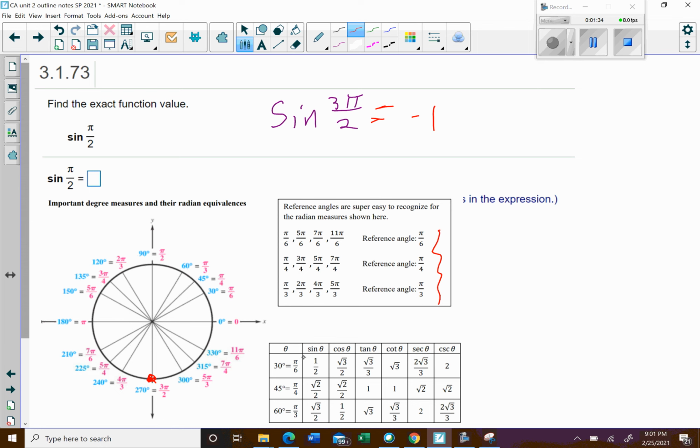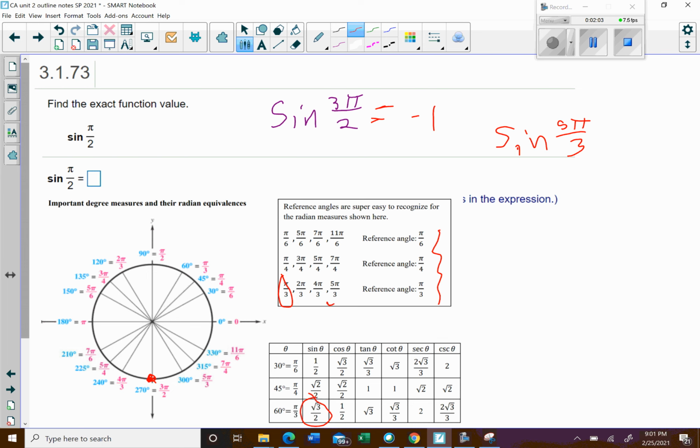And so for example, if you were asked for sine of, let's say, 5 pi over 3, well, its reference angle is pi over 3 right here. Sine of pi over 3 gives you square root of 3 over 2.